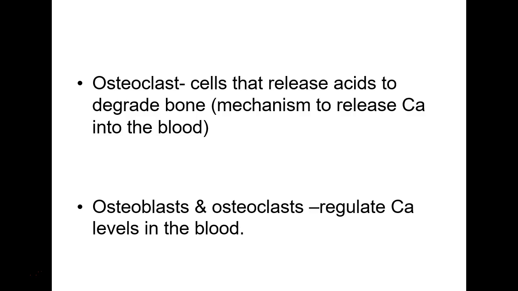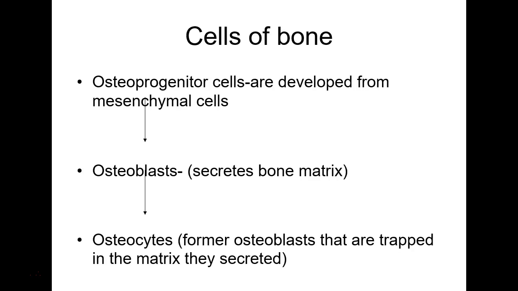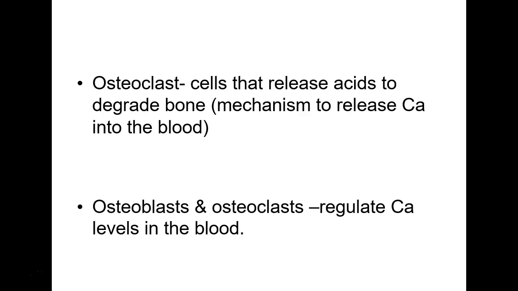Another bone cell is called an osteoclast. So these are completely different than an osteoblast or an osteocyte. These are cells that release an acid type substance to degrade the bone. So the osteoclast controls the mechanism to release calcium into the blood.